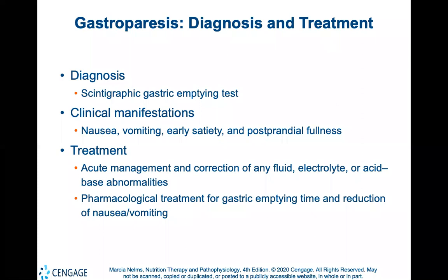Gastroparesis: a scintigraphic gastric emptying test is used for diagnosis. Clinical manifestations include nausea, vomiting, early satiety, and postprandial fullness. Treatments include acute management and correction of any fluid, electrolyte, or acid-base abnormalities. Pharmacological treatment is used to improve gastric emptying time and reduce nausea and vomiting.